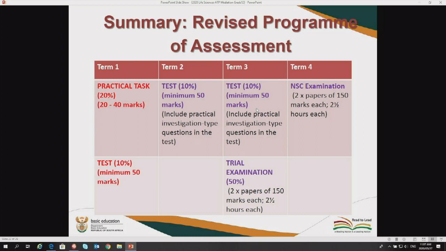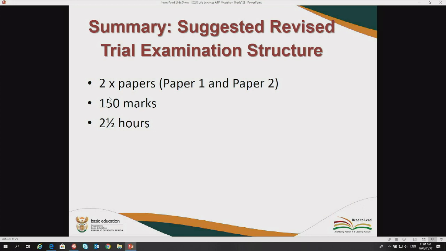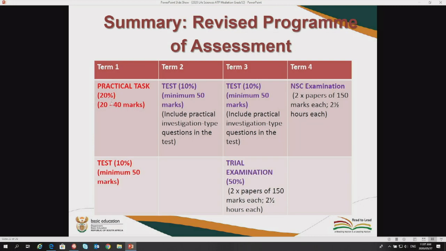If you are curious on how the weightings will now be implemented, the practical task in the first term will count 20%. Remember, SBA in grade 12, 50% is the trial exam and the other 50% is the rest of the year.